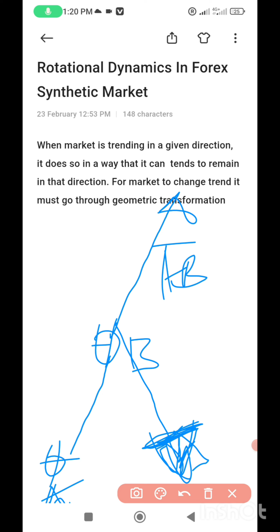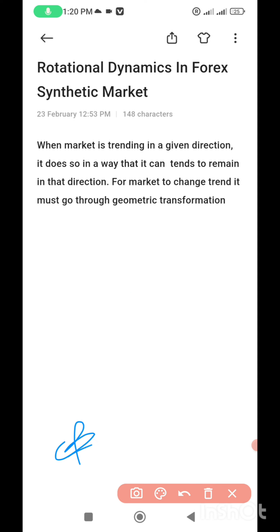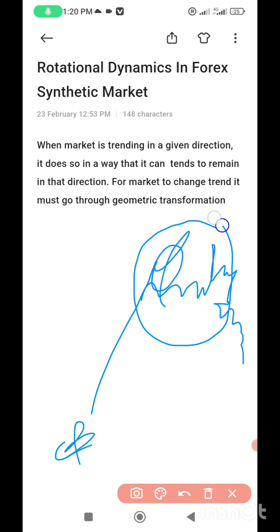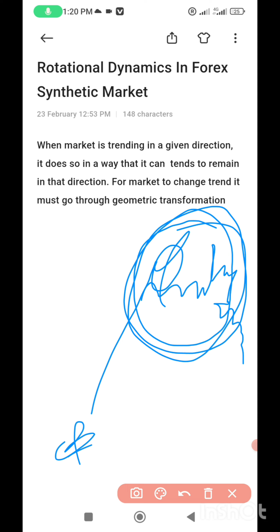Let's assume it starts from here, moves up to here and wants to change direction. Then it has to range, maybe shoot up, range again and then gradually change direction. Whatever happens inside this loop is called rotational dynamics.